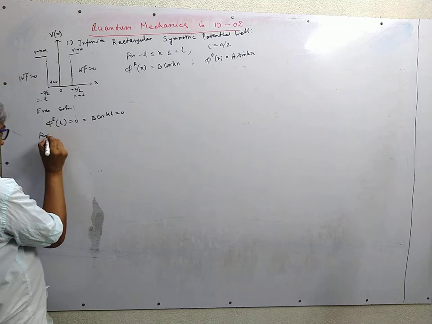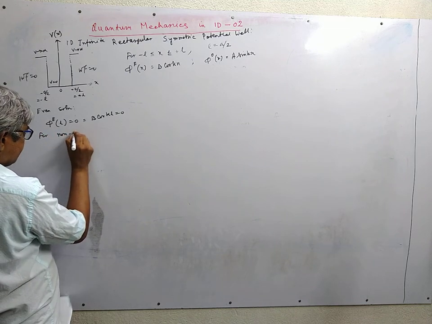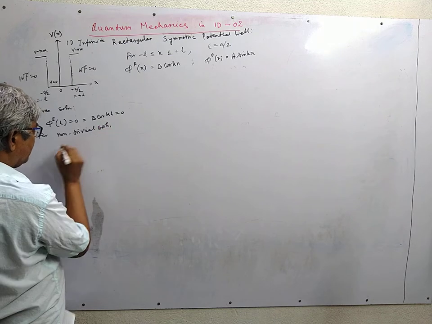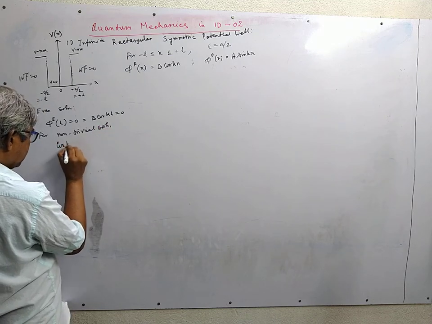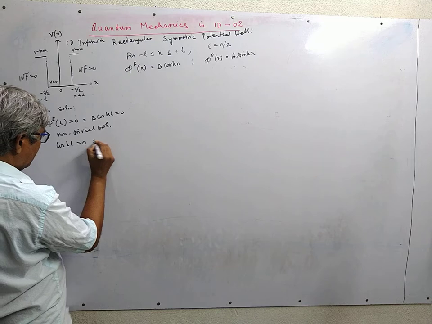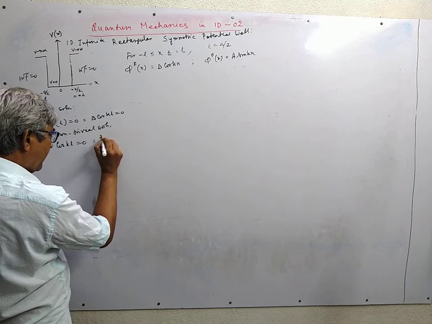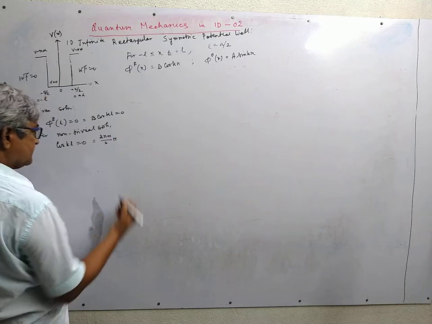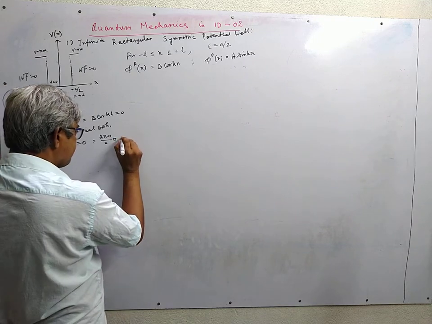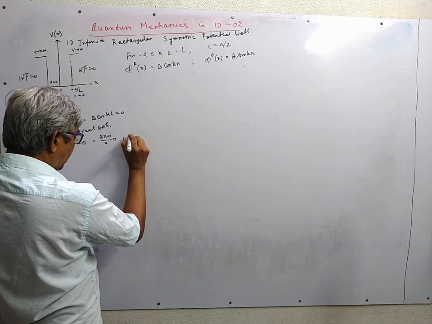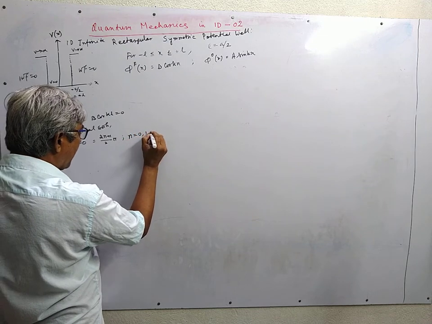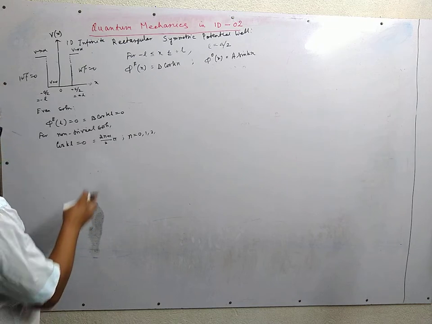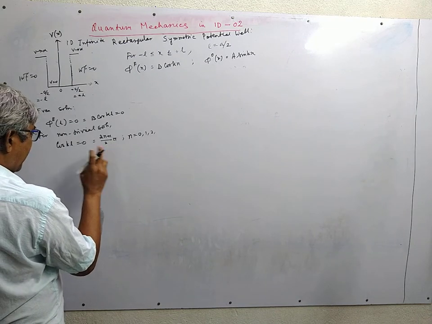For non-trivial solution, we have cos KL is equal to 0 is equal to (2n+1) pi by 2, with n is equal to 0, 1, 2. 0 is included, because when n is equal to 0, it is simply pi by 2.